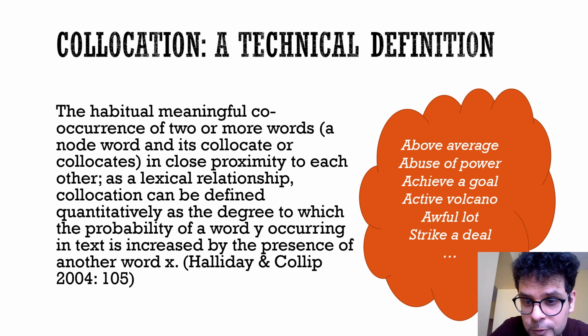Of course, if we see lot, we may expect awful to occur, and vice versa. If we see volcano, we probably see, imagine, active, as a word that has strong potential to occur. And with average, above or below average, for instance.